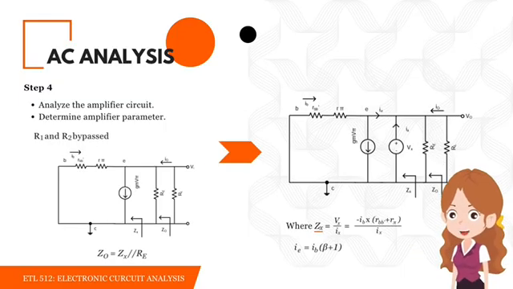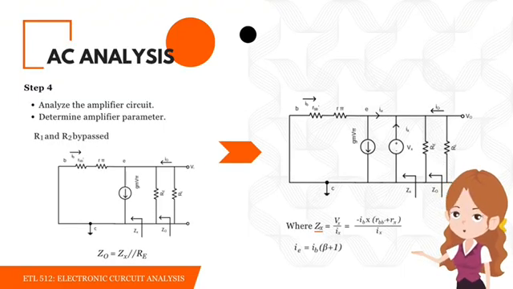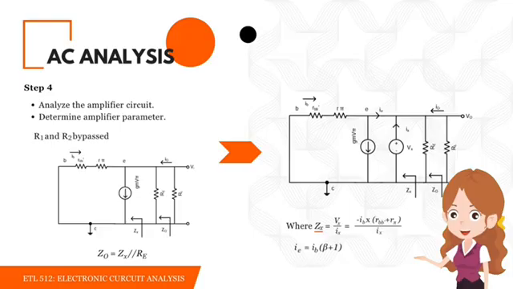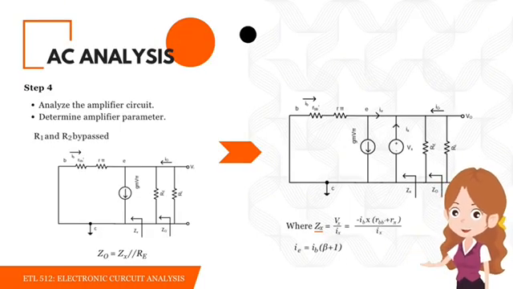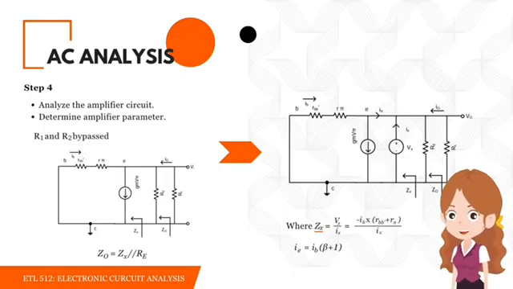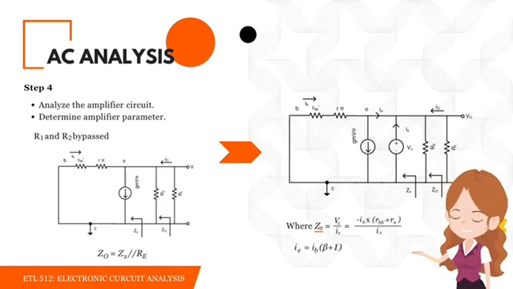Now, let's calculate the voltage gain. The definition is output voltage divided by input voltage. We start with Vout equals negative Gm times V pi multiplied by RC parallel RL. Here Gm is the transconductance and V pi is the voltage across R pi.